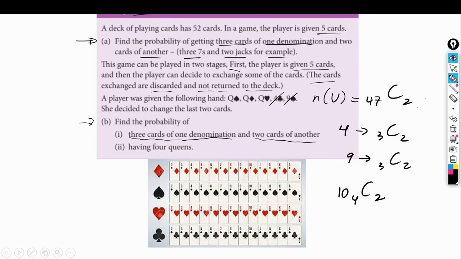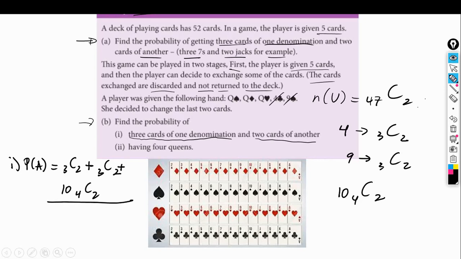So for part 1, the probability of this event is going to equal first picking 2 cards that are 4s, that would be the first combination, or picking 2 9s, which is the second combination, or the last one, which is 10 different denominations left, from which we have to pick 2 cards out of 4 possible ones.